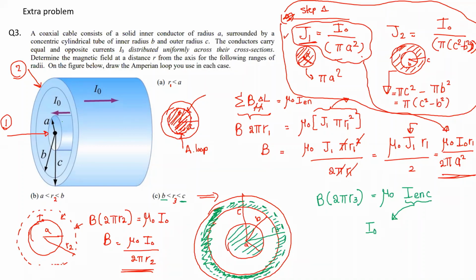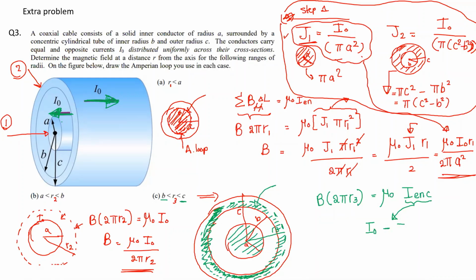Can you see that the small conductor carries current in this direction, and the donut-like thing carries current in the other direction? So whatever current we get from the donut part is a negative current.